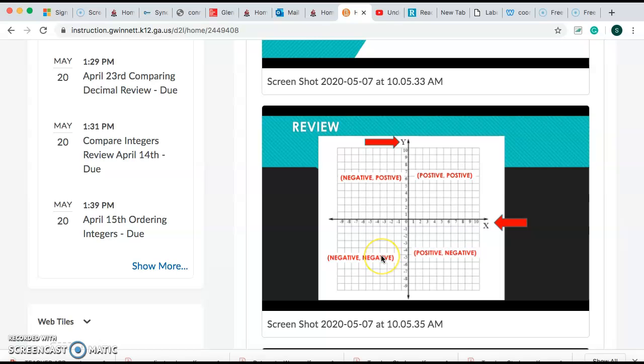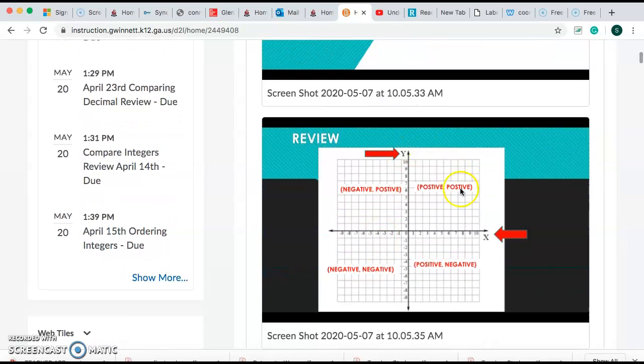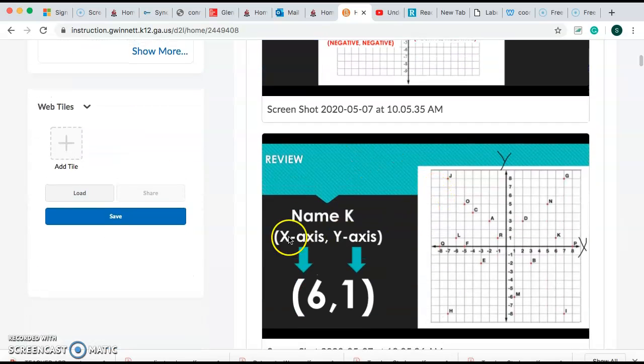Your review. Remember yesterday we talked about quadrants, okay? We talked about the 4 different quadrants. We talked about naming quadrants. For instance, if you were trying to name K, you have to follow the x-axis first, so it would have been 6, and then the y-axis, and it would have been 1. So K would have been 6, 1, okay?